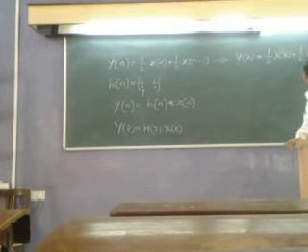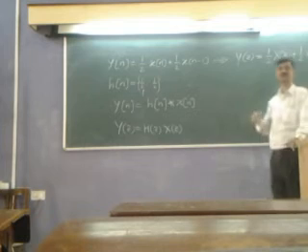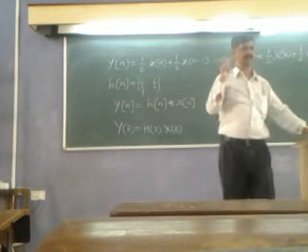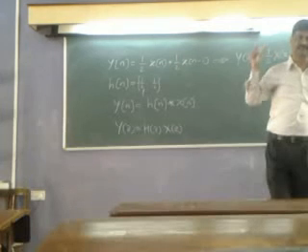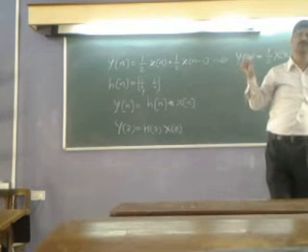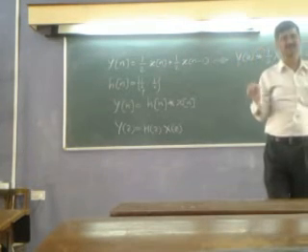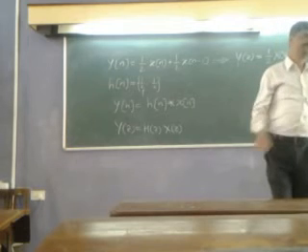It is 1 upon z, that is z inverse. Because we know that if xn transforms to Xz, then xn minus n naught gets transformed to z raised to minus n naught Xz.